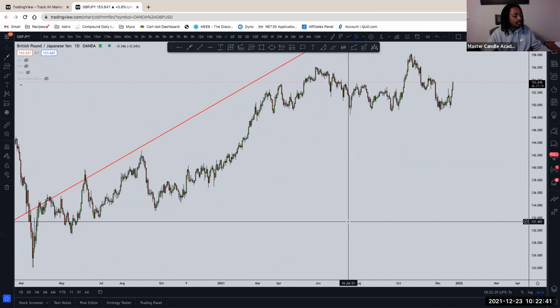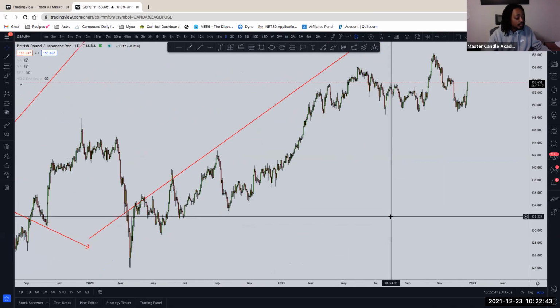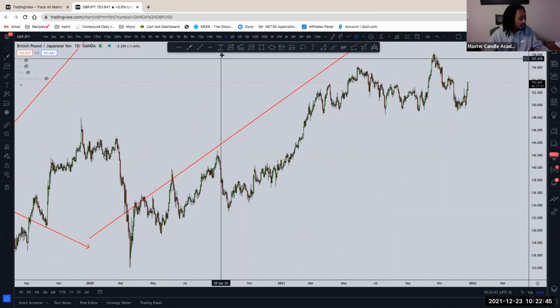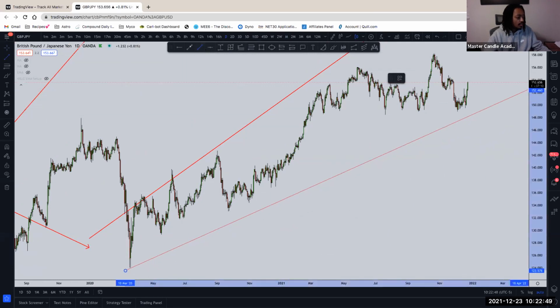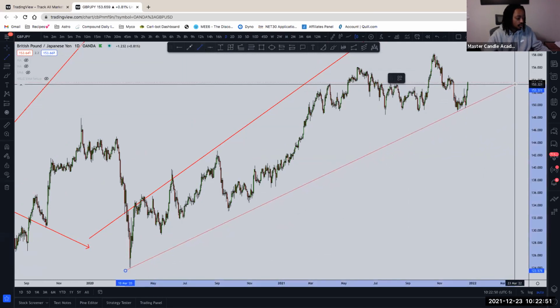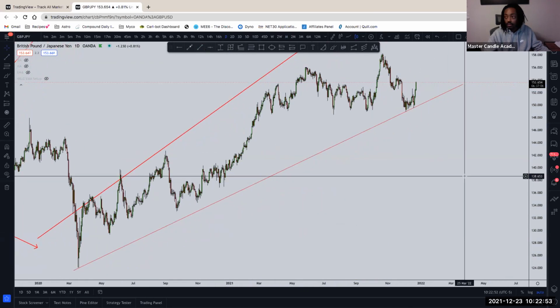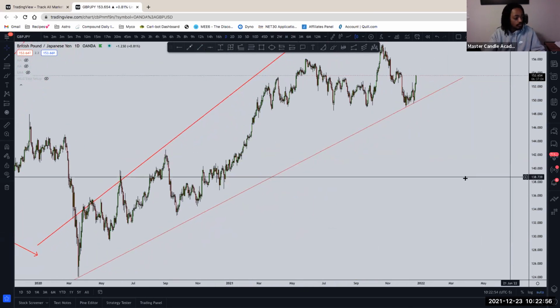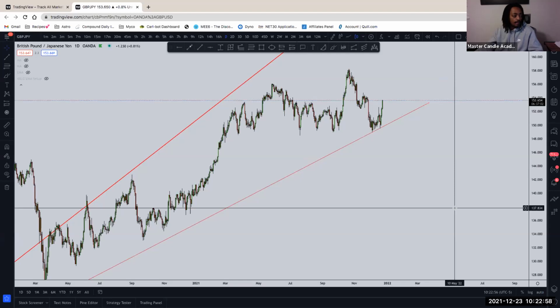All right, and we see that the daily time frame is trending, but what do we also see? Where are we in the market cycle for this chart? Where are we?